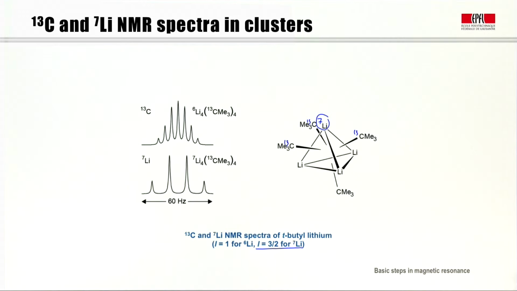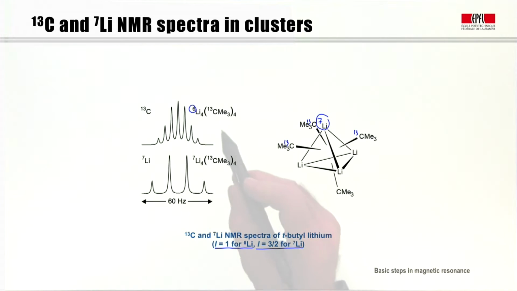On the other hand, we could also decide to enrich this cluster with lithium-6. Lithium-6 has spin 1, so it will split its neighboring carbon into 3 equivalent lines with amplitude 1 to 1 to 1.